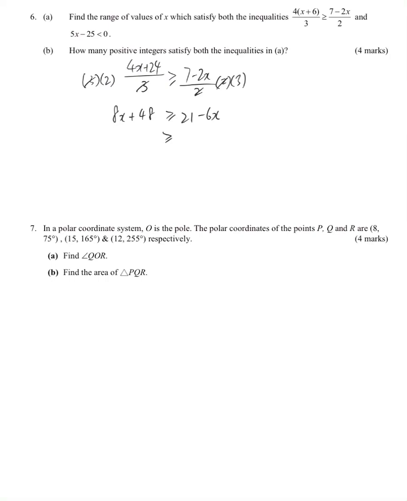Okay, and we move the x's together, so we got the 14x, and then 21 minus 48 is negative 27, so x is negative 27 over 14.